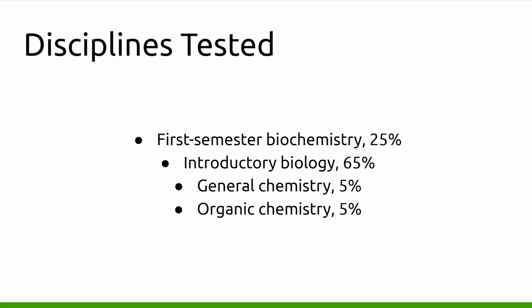But you will recognize more than anything that the intro biology is 65% of this section on the exam. When they say intro biology, they're not just talking about the classes that you take in the first and second semester of your biology courses within college.